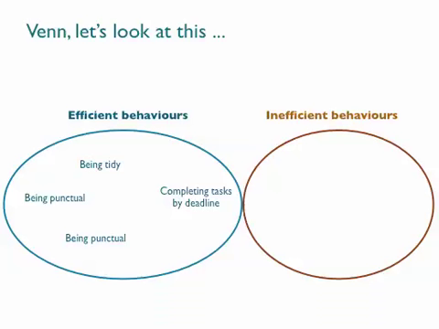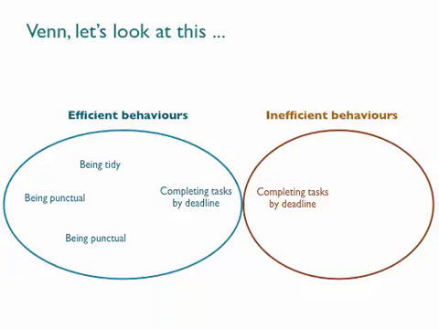However, we can also argue a case that completing tasks by deadline in some circumstances could be an inefficient behaviour. If somebody was so keen on completing a task by a deadline that they didn't take the appropriate time to review that the task was still the correct task for the overall outcome in mind, or whether there were any refinements to the way the task was being done that should be made.